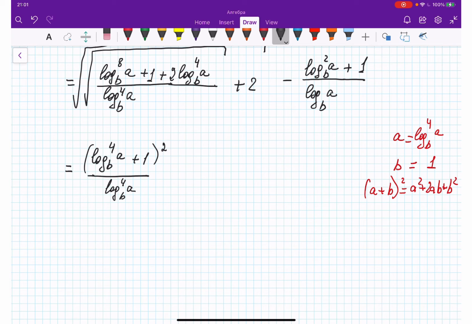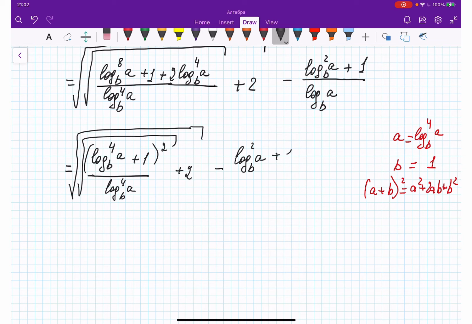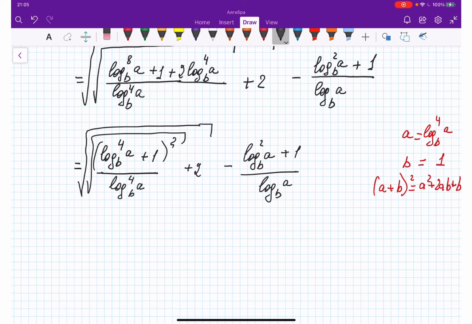Okay, we have square root and plus 2, second square root, and minus logarithm a by base b squared plus 1 over logarithm a by base b.